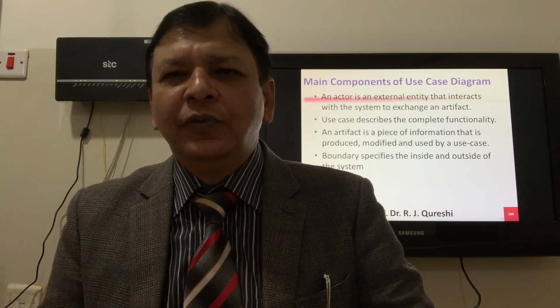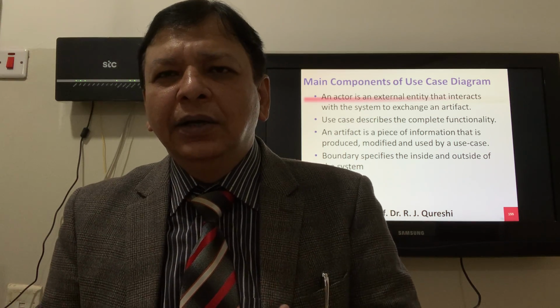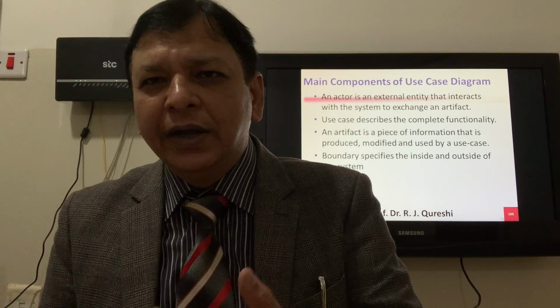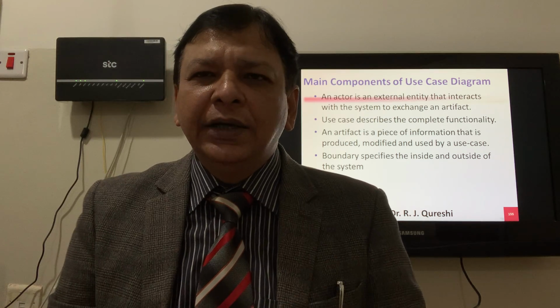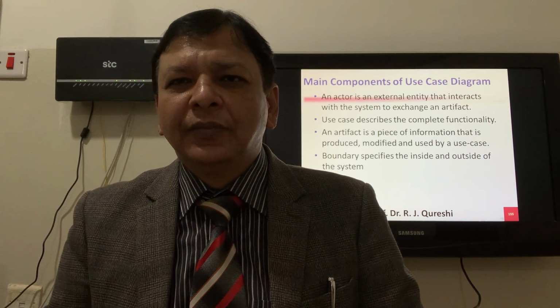Then you have the data flow. Here we call it data flow in the data flow diagram and artifact in the use case diagram.